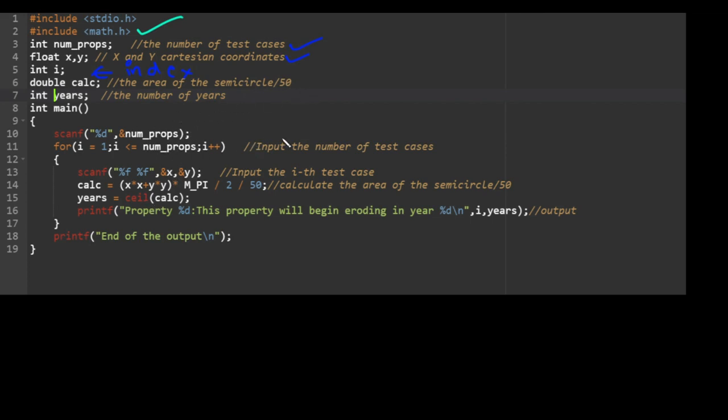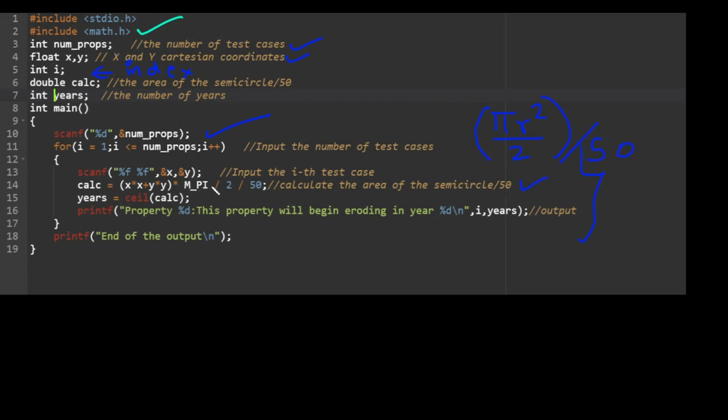So basically we just take the input as input our test cases, run it in a for loop, then we scanf for our x and y, and then we just write the thing that is pi r square by 2 since it's a semicircle, and then we divide it by 50. That's what we have done in this line.